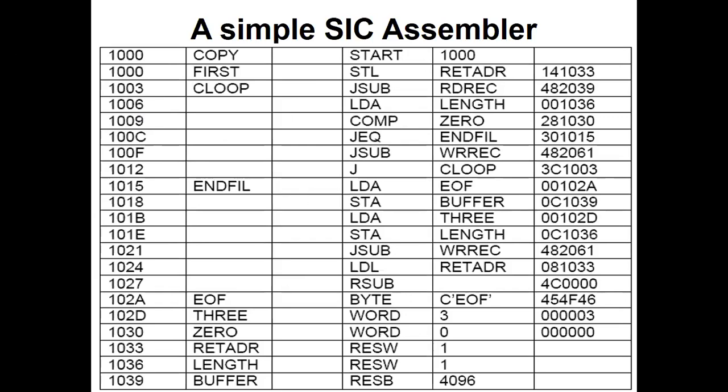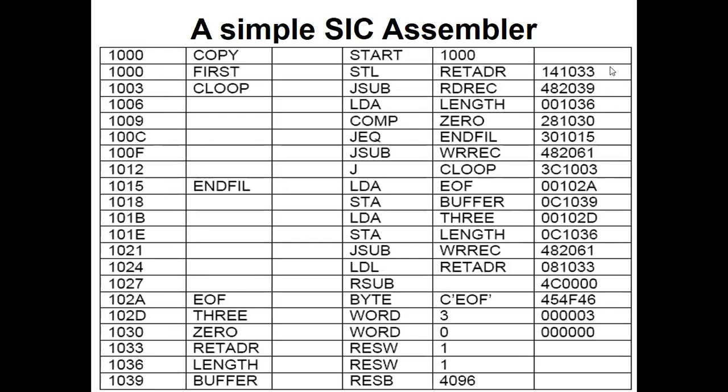Now remember, we assumed that it is going to be loaded from a memory location which we called 1000. So this first column here is showing addresses where each instruction will be found in memory when it is translated to machine language.